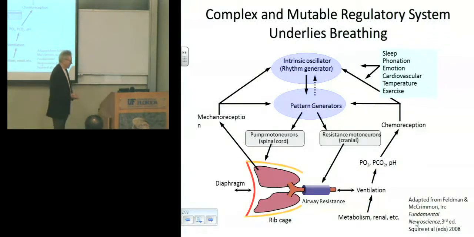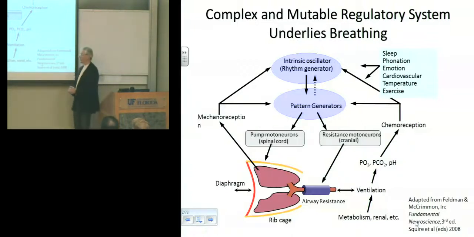So to start off with, what are we talking about for respiratory control and neuroanatomy? You've already had a number of lectures and covered pretty much everything that's on this first slide, so let me just go over it quickly. What we're talking about is a brain that generates a basic respiratory rhythm that goes out to both the cranial motor neurons, which control airway resistance, and the pump muscles, generating movement of the thorax and air movement in and out.